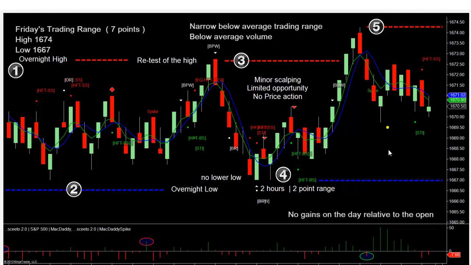If you save this in a folder titled below average day trading range, and every time you observe a pattern like this, a rally up to a known high, remember it broke out above 50, so this is some 24 points above the previous high. The next time this type of event occurs, and believe me, this type of event will occur, they happen over and over and over again.